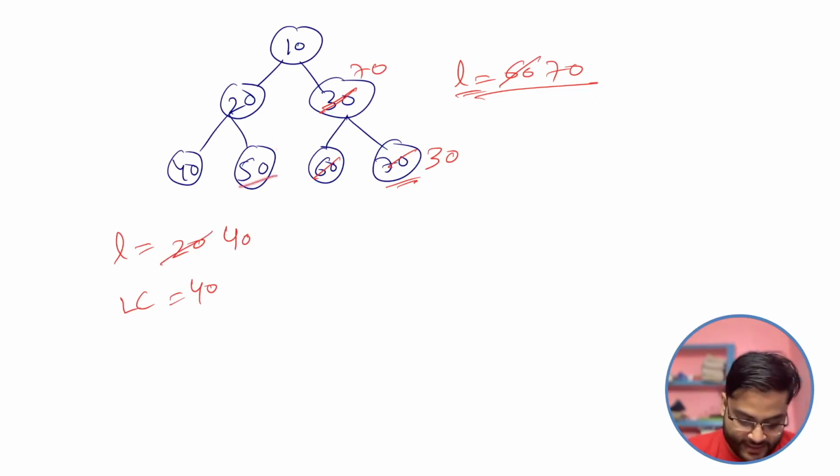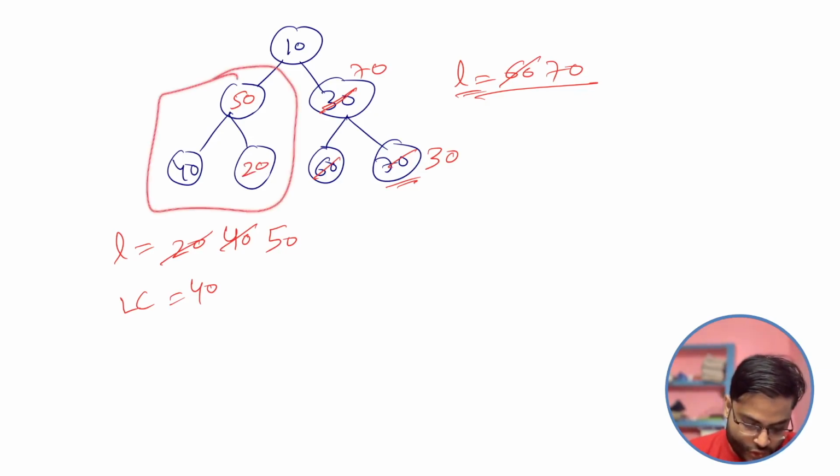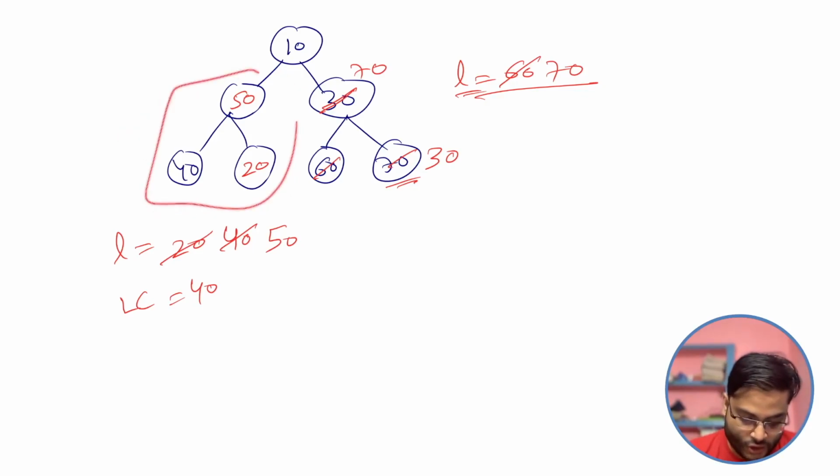The right child contains 50, so I will update my largest to 50. After traversing the left child and right child, I will swap. So this will be 50, this will be 20. This part is also sorted and follows the properties of Max Heap.